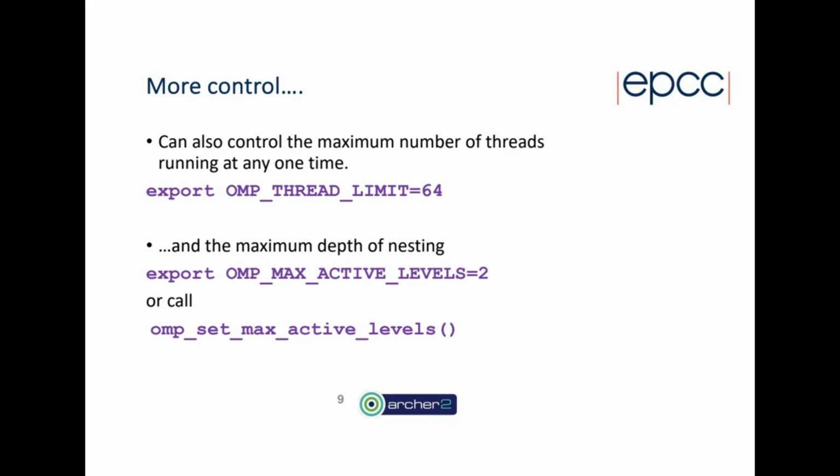So you might want to use nested parallelism for library implementations. In which case, it would be kind of tricky to use tasks, because it becomes harder to separate out what's in the user code versus what's in the library code.